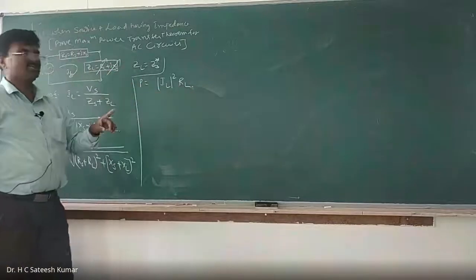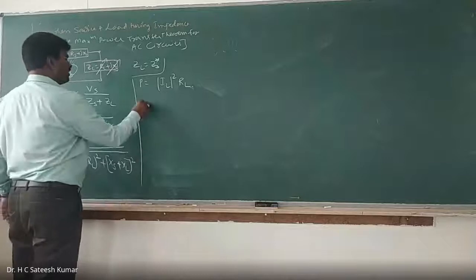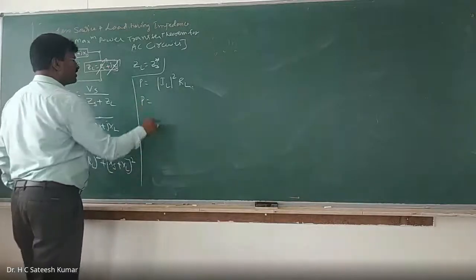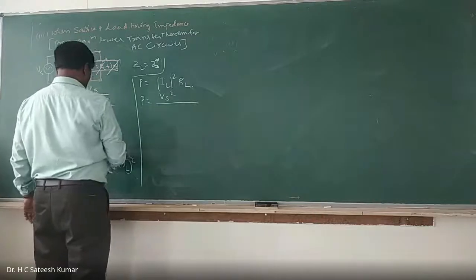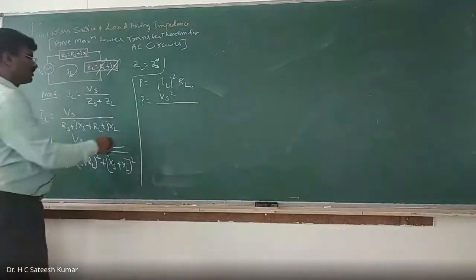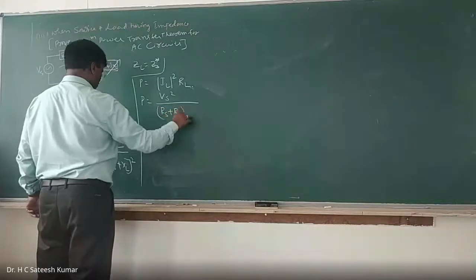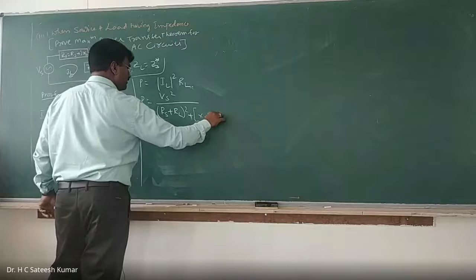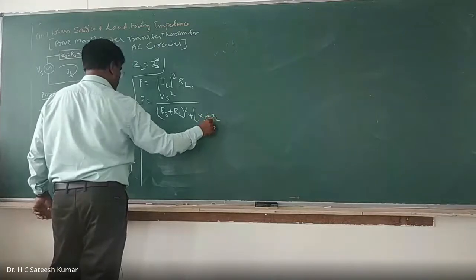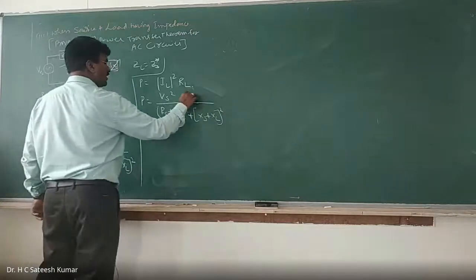Power can be dissipated only in the pure resistance. So the magnitude of IL squared into RL, power is equal to Vs² divided by the square of this one, (RS + RL)² + (XS + XL)². Square and square root get cancelled, into RL.